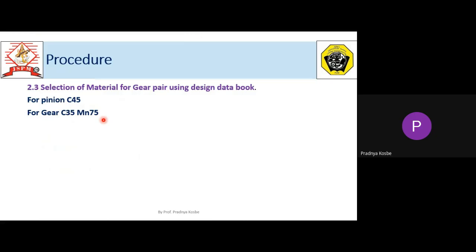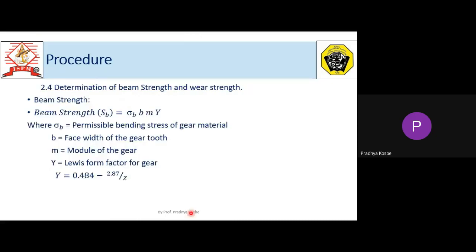Once the material is decided, you will come to know the properties of that material, because what is required over here is SUT, correct? Then after selection of the material, next is determination of beam strength and wear strength.